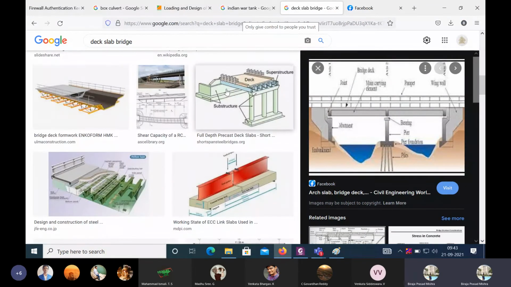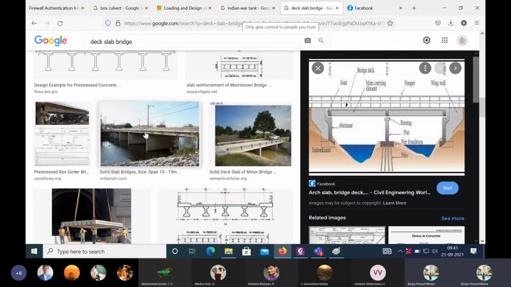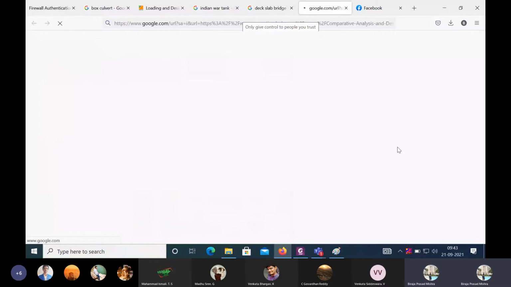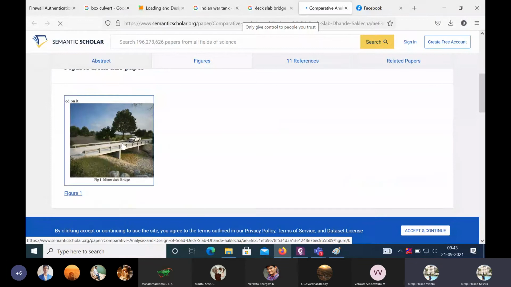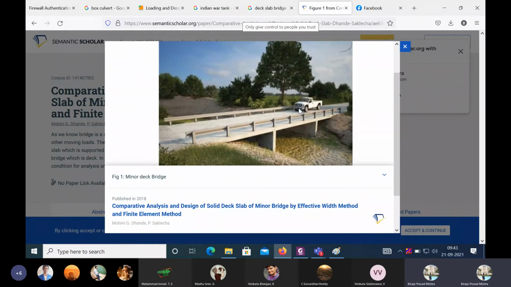Let me show you some other kind of deck slab bridge. I hope you can see this figure over here. This one is a minor deck bridge, they call it.